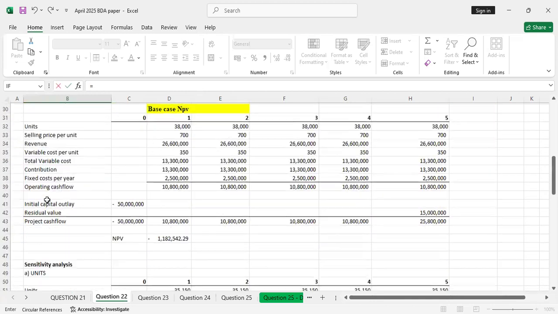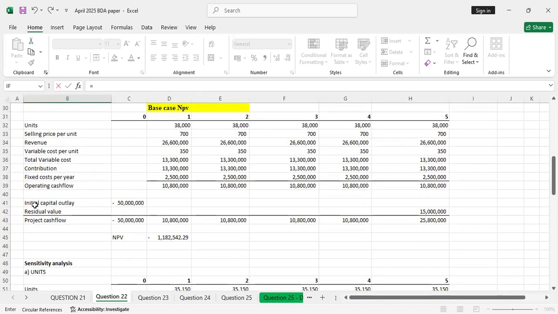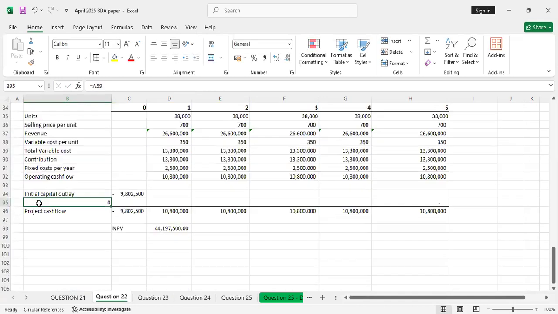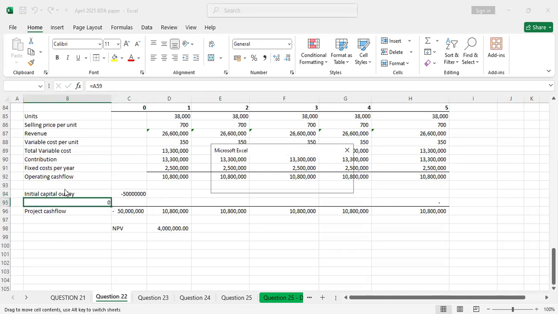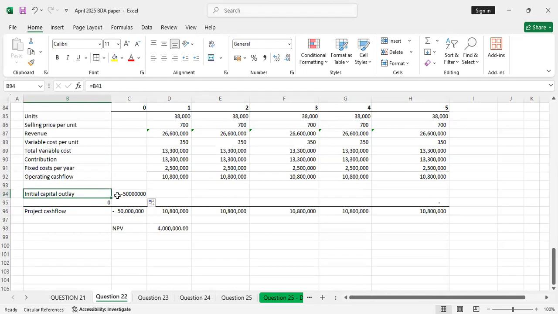So the initial capital outlay, it was it. So I'll just drag to have it copy. Then here I will just drag it down.